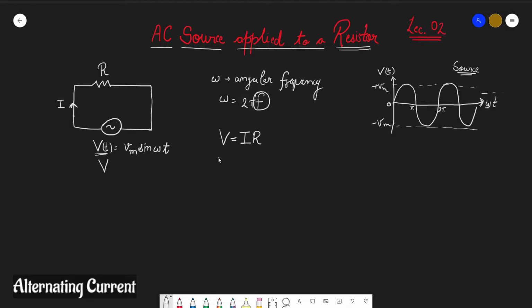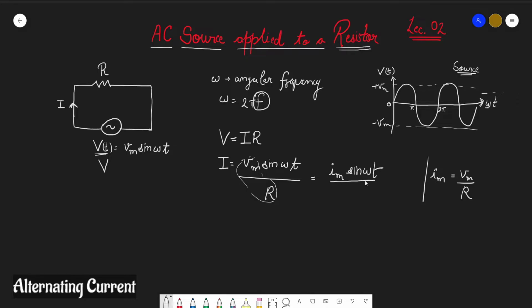Now we need to find I. We know V is equal to Vm sine omega t, so I is Vm sine omega t upon R. If I club Vm by R together, I can write it as Im, where Im is equal to Vm by R. Observe the expression of current we obtained here.